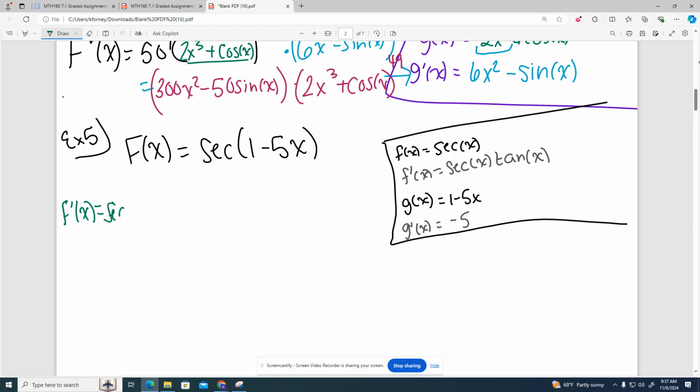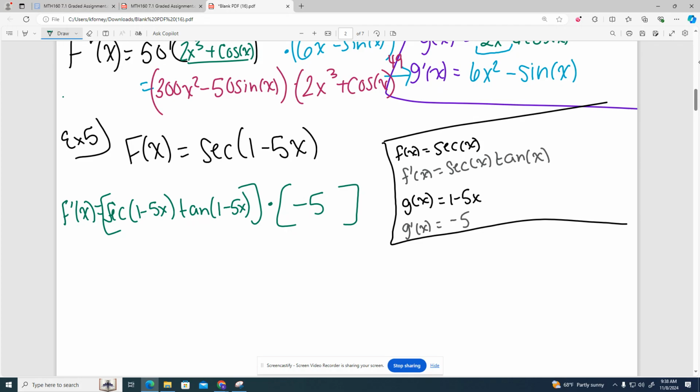So secant, parentheses, tangent, parentheses. And that's going to be multiplied by the derivative, which is just -5. But inside the parentheses is where we put our g of x.